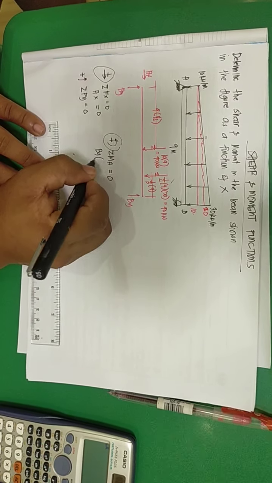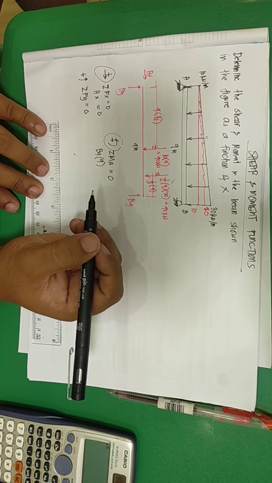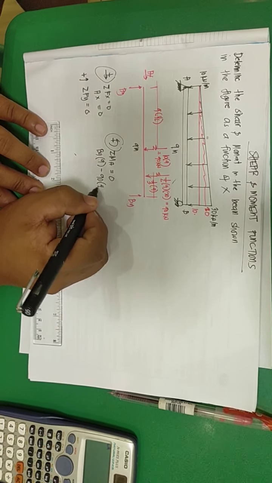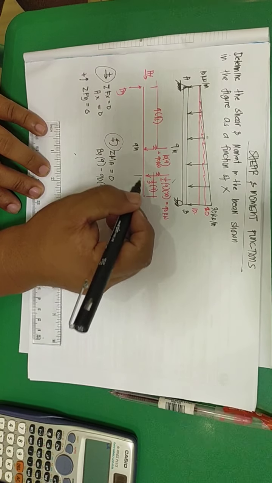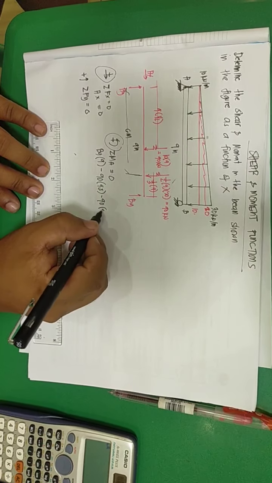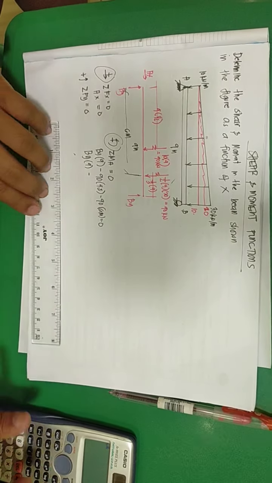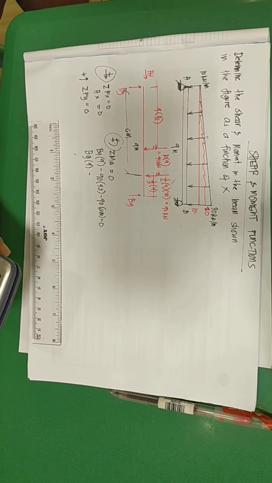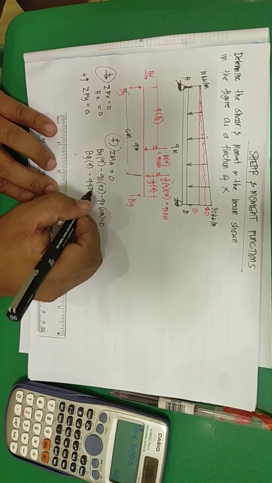So BY times 9 minus 90 times 4.5 minus 90 times 6 meters equals 0. BY times 9 minus 90 times 4.5 plus 90 times 6, which is 945, equals 0.